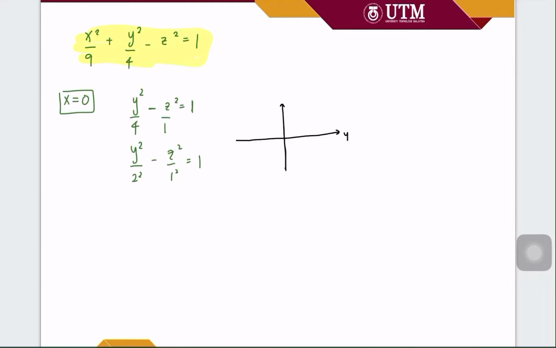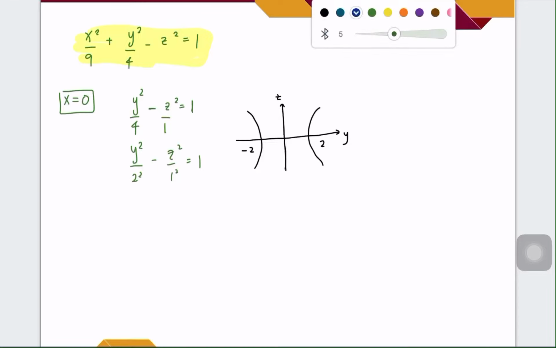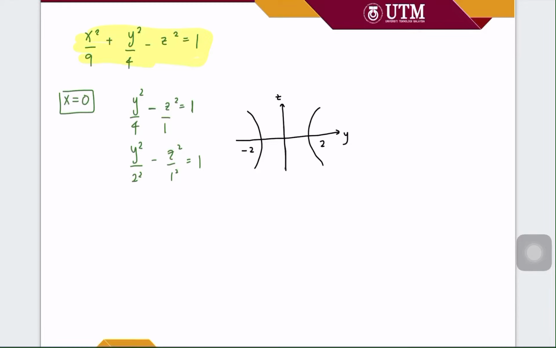Here is y and z, and it is 2 and minus 2 here.